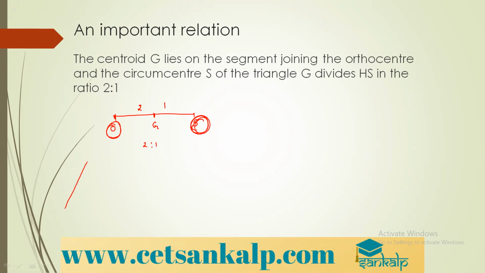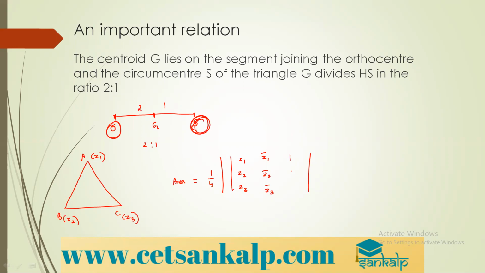If you are given a triangle ABC, A denoted by Z1, B by Z2, and C by Z3, the area of this triangle can be written as 1 by 4 into modulus of the determinant of Z1, Z2, Z3, Z1 bar, Z2 bar, Z3 bar, 1, 1, 1.